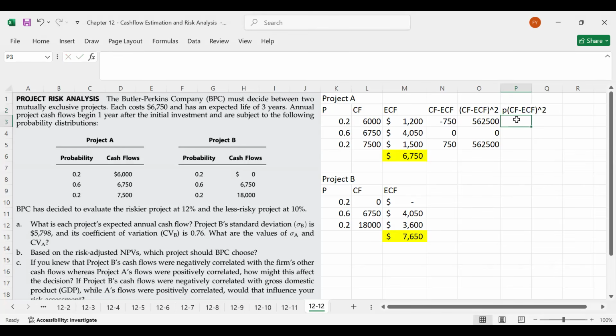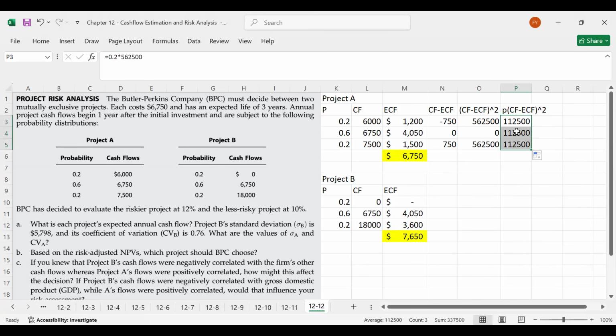So we have probability 0.2, so 0.2 multiplied by CF minus expected cash flows squared, which is 562,500, and all these amounts are in dollars. And then as it is 0, the answer would be 0 again.